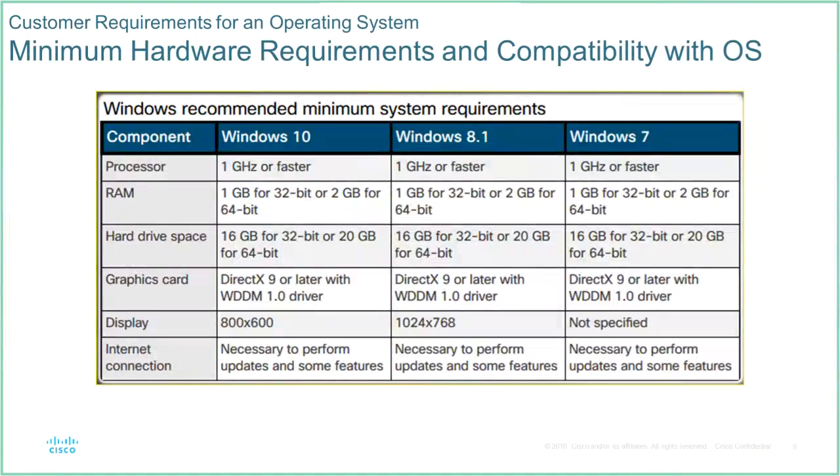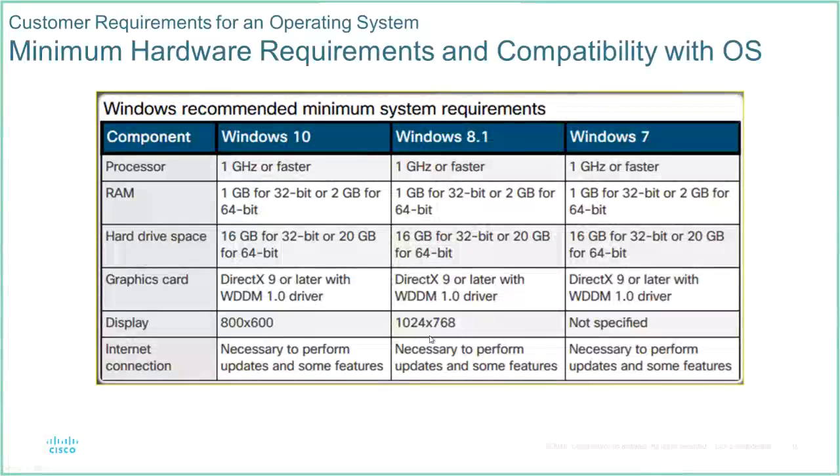So if you look here, most of the requirements are pretty much the same going up through the systems. The only one they really changed is the minimum requirements for the resolution.